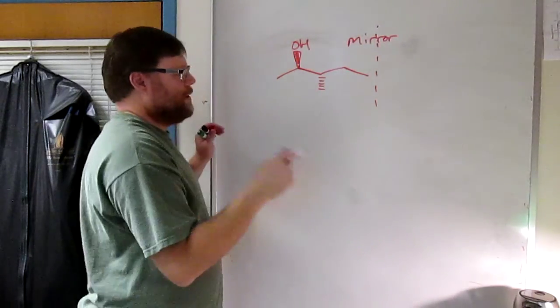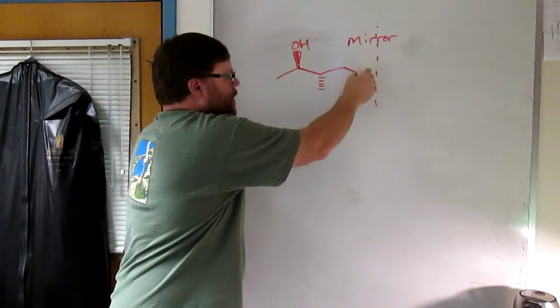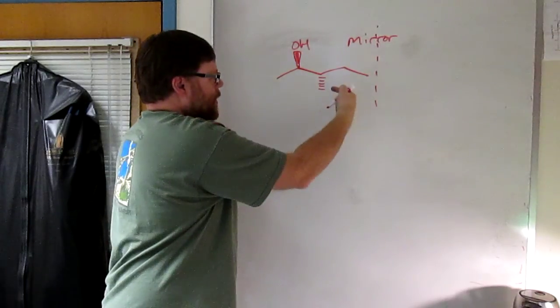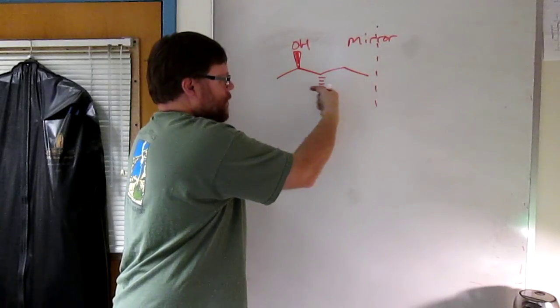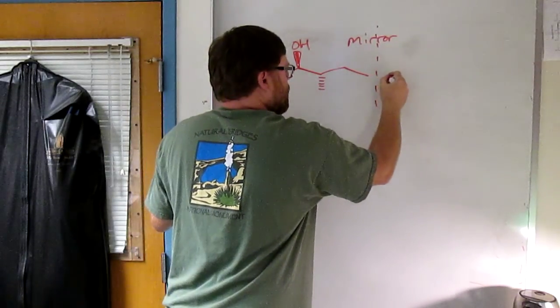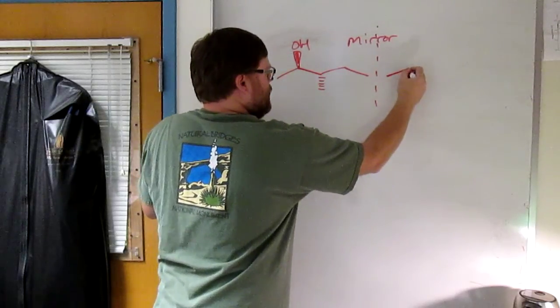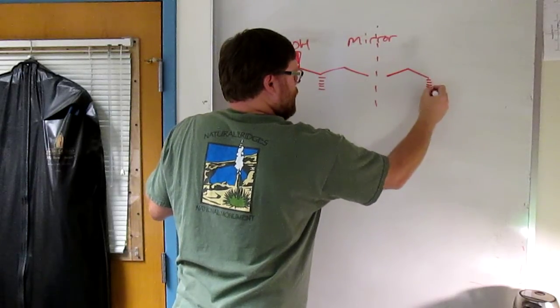When I do this, I've just done it quickly in class, but you basically start with the atom that's closest to the hypothetical mirror and draw going to the right. You draw the molecule going to the right, what you read to the left. So let's start with this methyl. Then it moves to that CH2, then to the carbon with the methyl. Put that in.